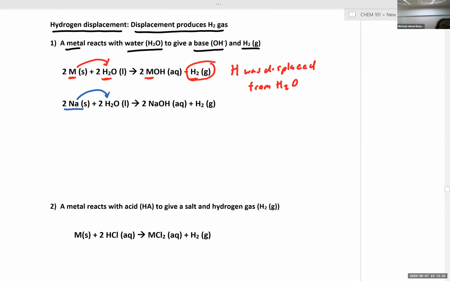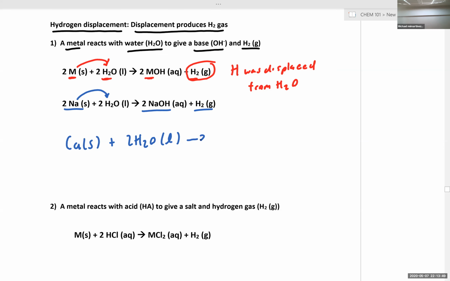has displaced hydrogen from water, so we generate sodium hydroxide and hydrogen gas. Let's look at another example where we take calcium and we react it with water.